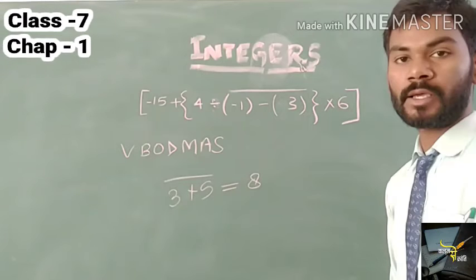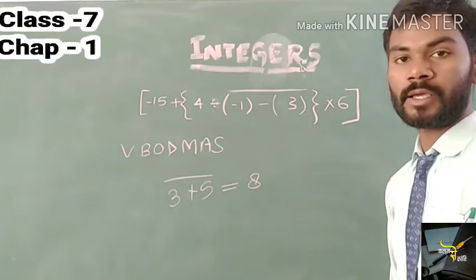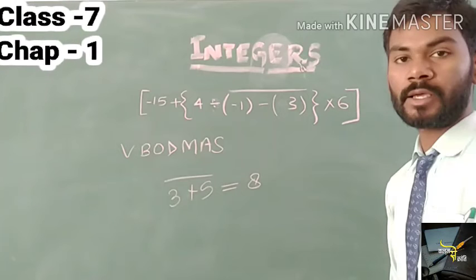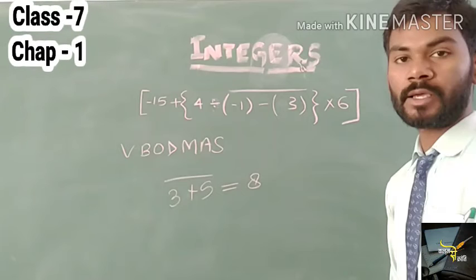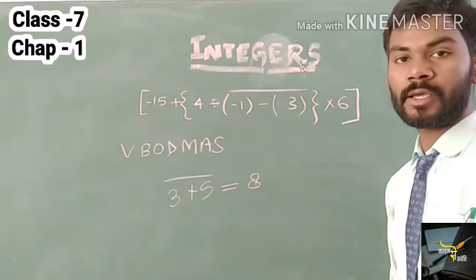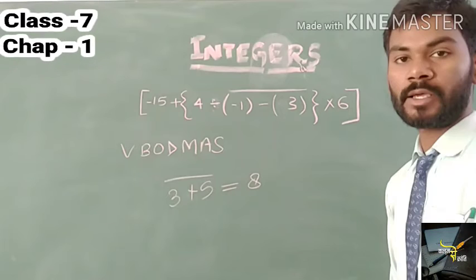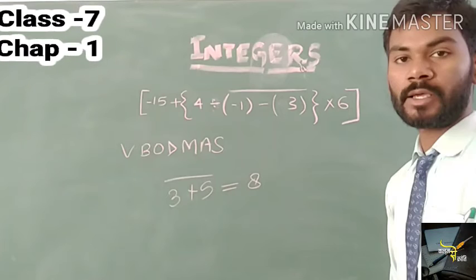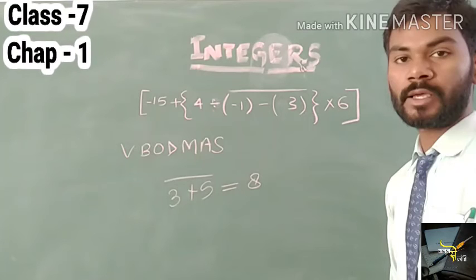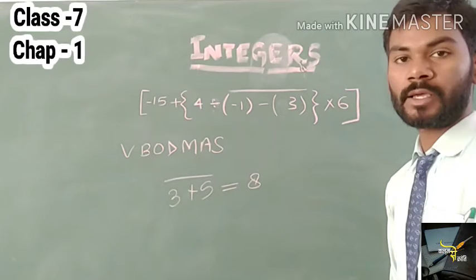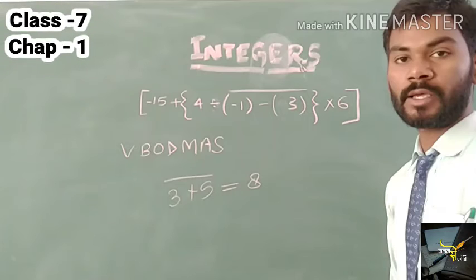As I told you, when dividend and divisor have different signs, then the quotient will be negative. So here we get 60 multiplied by minus 3 divided by minus 3. 15 threes are 45.